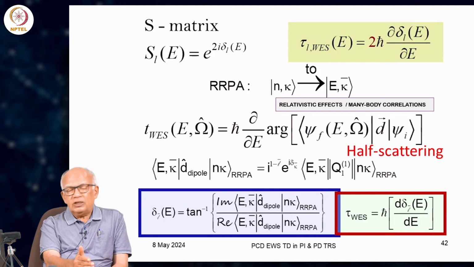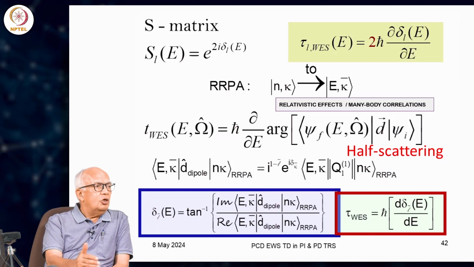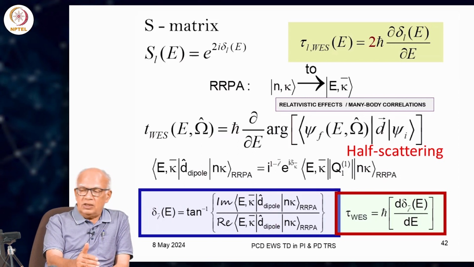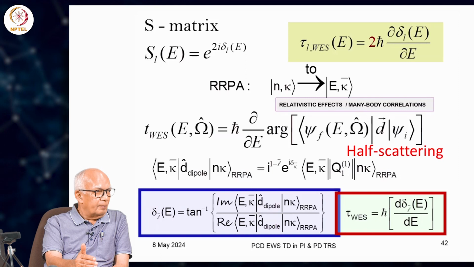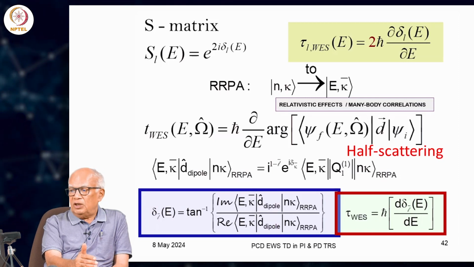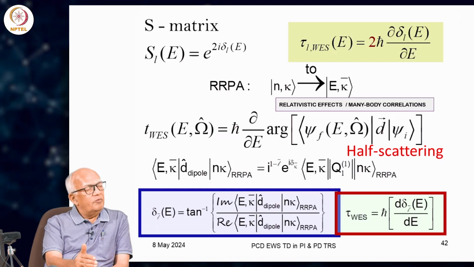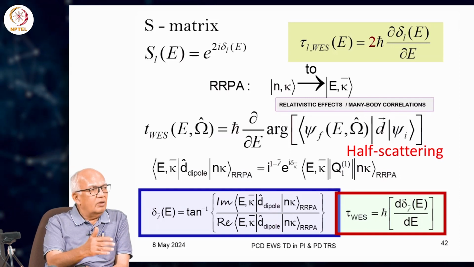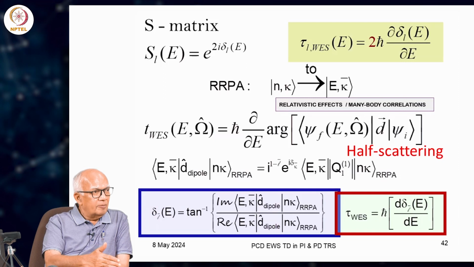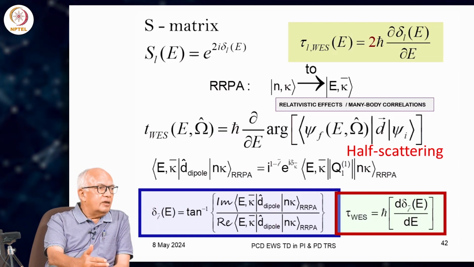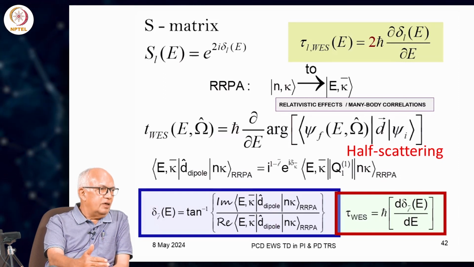Kappa is the relativistic quantum number you get from the solution to the Dirac equation. So, this is not coming from the Schrodinger equation. So, the quantum numbers that you see in this equation are not Schrodinger quantum numbers, they come from the Dirac equation, because we begin from the very start with a fully relativistic quantum mechanical theory.